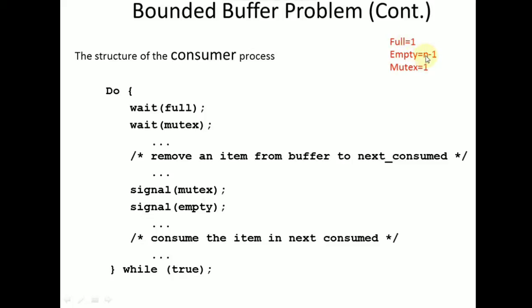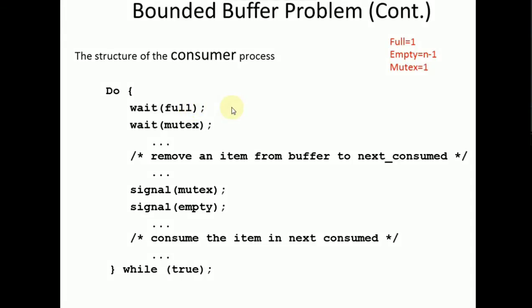Empty is n minus 1 because one item is added. The mutex is again 1, allowing the consumer process to use the buffer. When the consumer process starts to use the buffer, it first calls wait on full so that the item that is produced shall be consumed by the consumer.